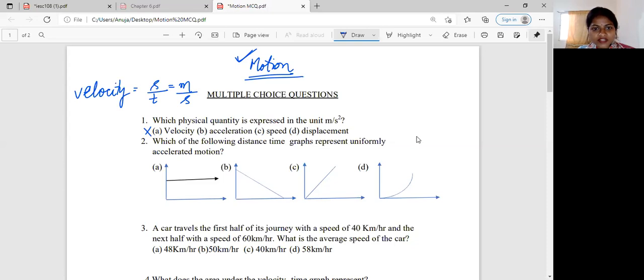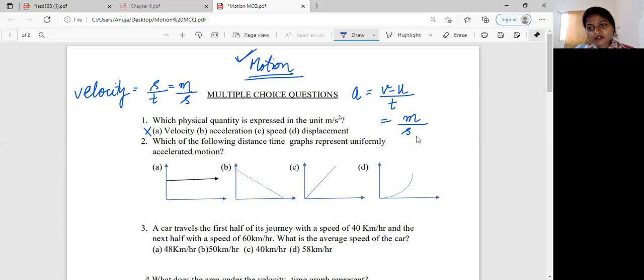Next, acceleration. The formula for acceleration is change in velocity, meaning final velocity of an object minus initial velocity, upon time taken. So what will be the unit for change in velocity? Change in velocity will have the same unit as velocity, so it will be meter per second.